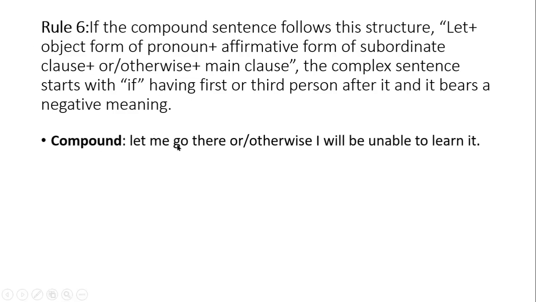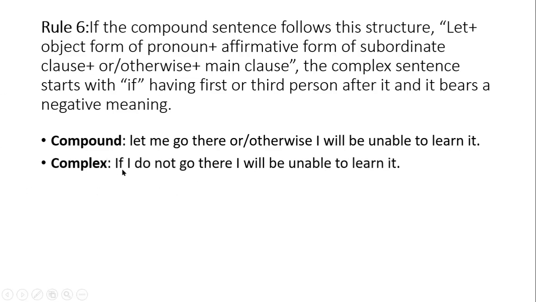You see, let me go there, or otherwise I will be unable to learn it. Okay, let me go. So let here, and then pronoun, objective form, and then verb, and then main clause. Otherwise, and then main clause, right? So what will be the answer? We are going to use if.